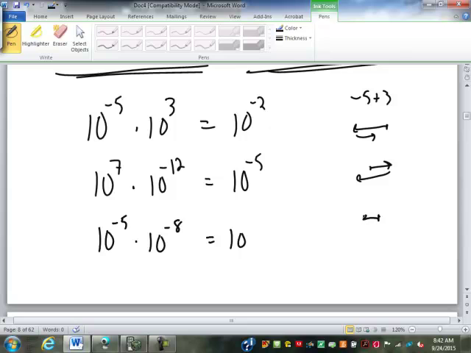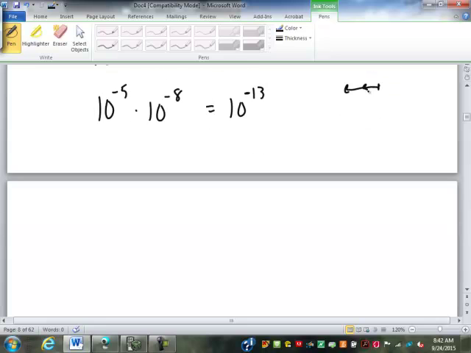Got negative 5 and negative 8. That's going to be 10 to the negative 13th. Or 10 to the negative 5th times 10 to the 12th is going to be 10 to the negative 5, positive 12, 10 to the positive 7.